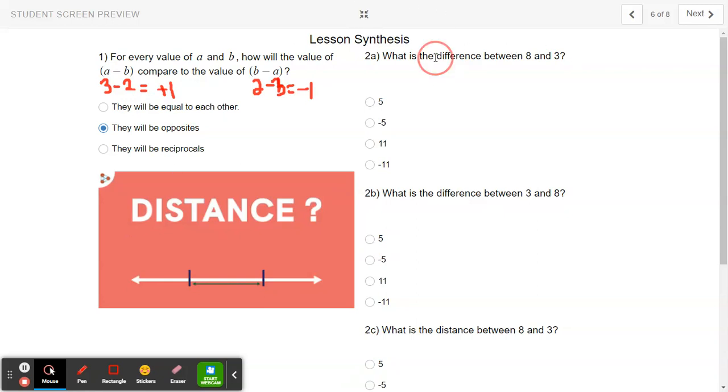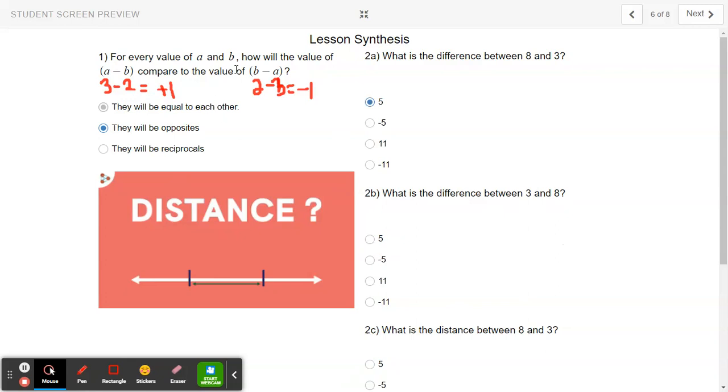So what's the difference? Difference means the distance between 8 and 3. So the distance here, the difference, is 5. That's showing that the difference 8 minus 3 is 5. Here, what's the distance between 3 and 8?